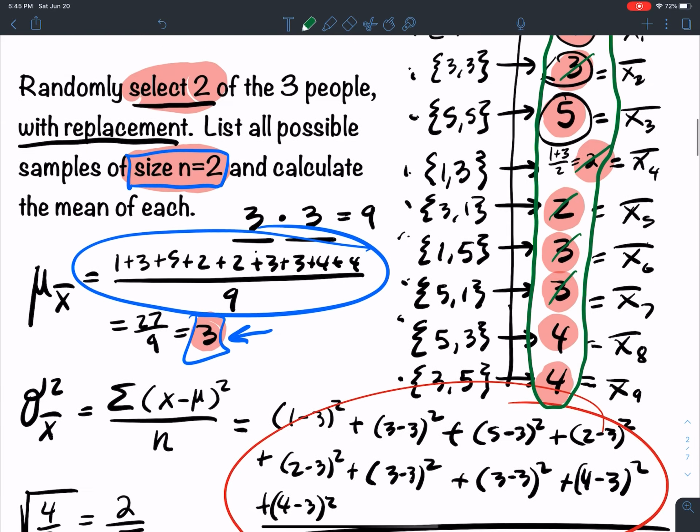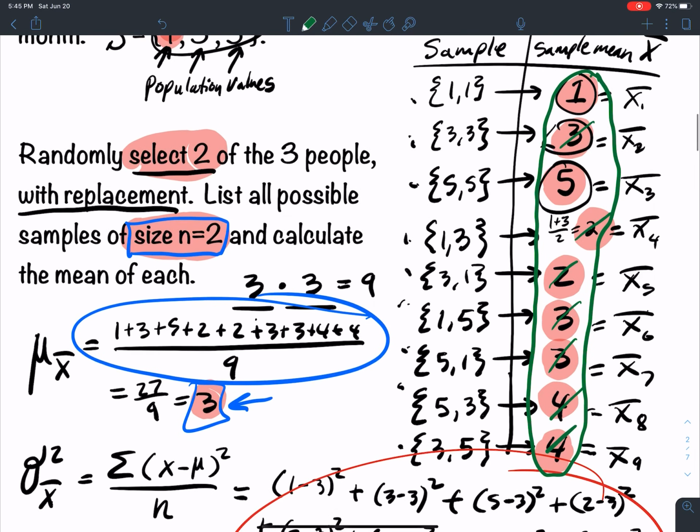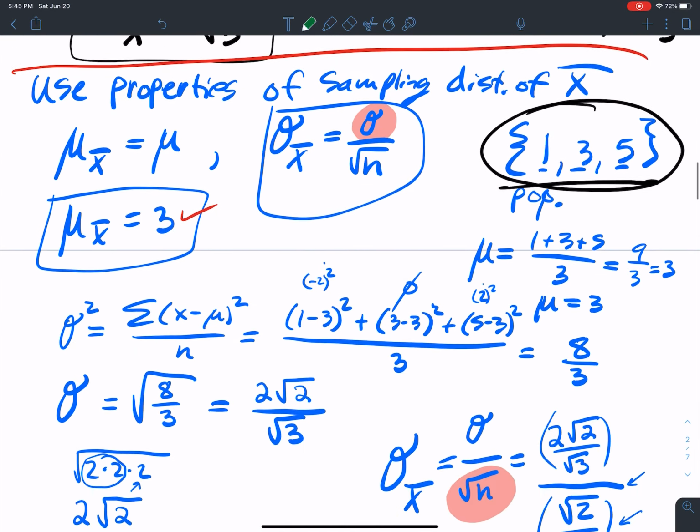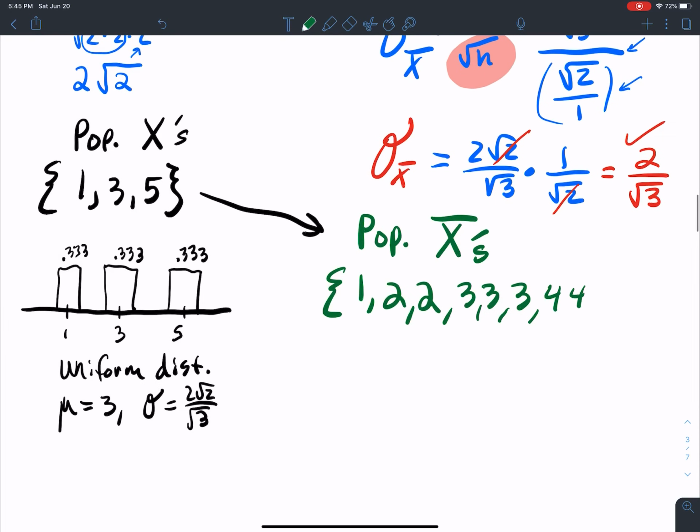I had 2 fours, and then a 5, okay? That was the population distribution. This is the sampling distribution for the sample means, all right? So we went from values of x's to values of x bars, right? So very important.